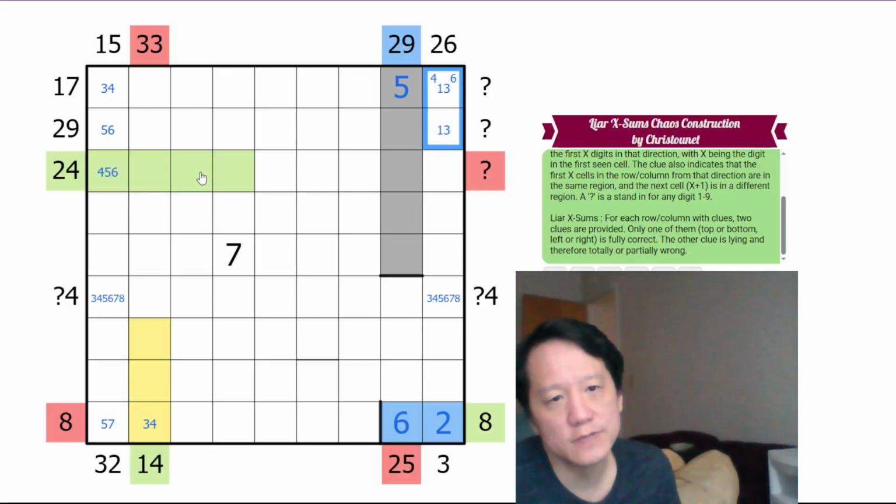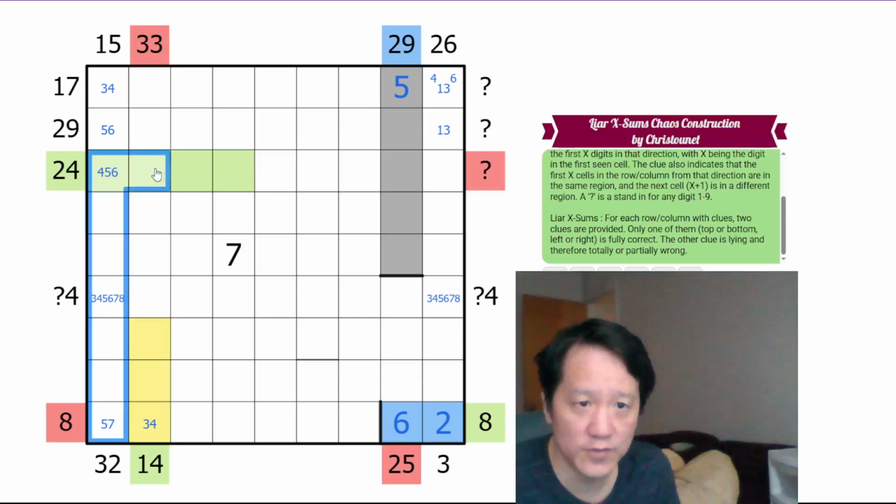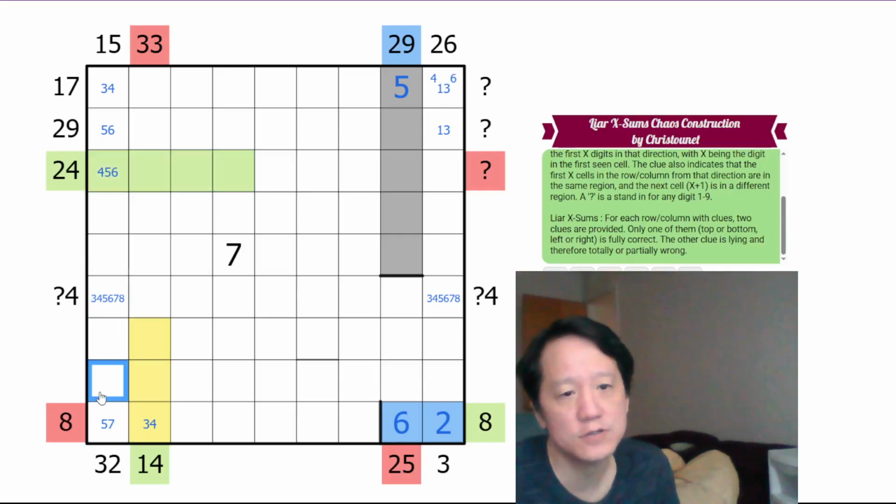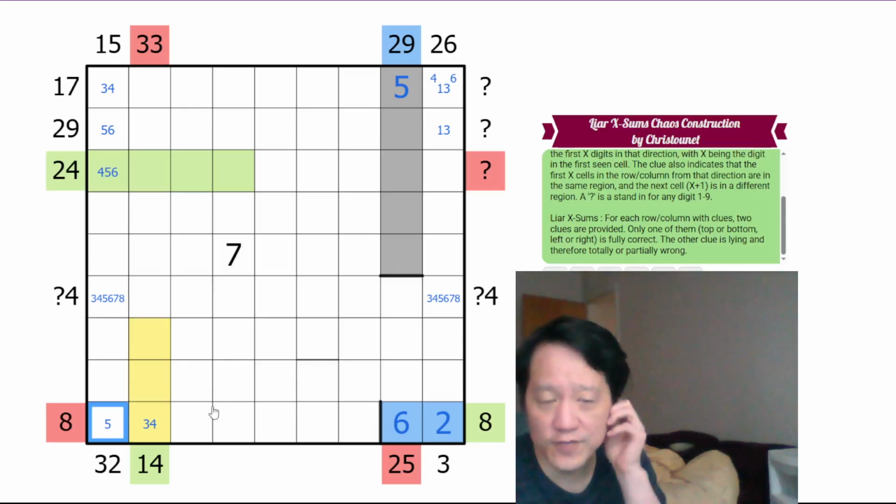This is interesting. I don't think this can ever be 7. No. 1, 2, 3, 4, 5, 6, 7, 8, 9, 10 is too large. So this could only be 5 if it's true.